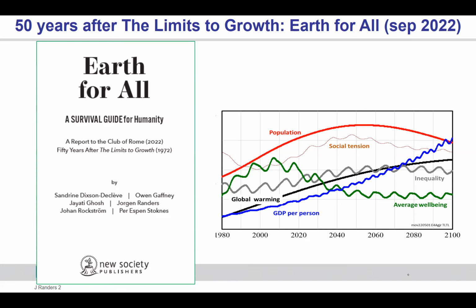This one can be described as an early example of a new class of integrated global assessment models. It is a model that includes both the human world and the natural world and the interaction between the two. It is based on the system dynamics methodology and consequently is a causal simulation model.